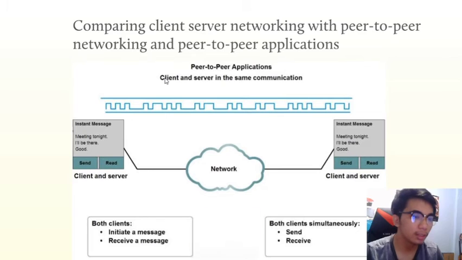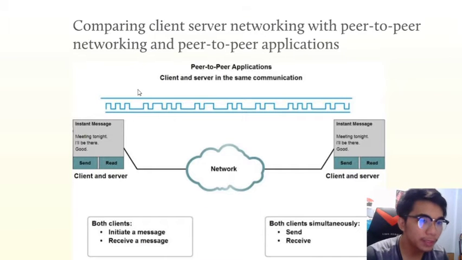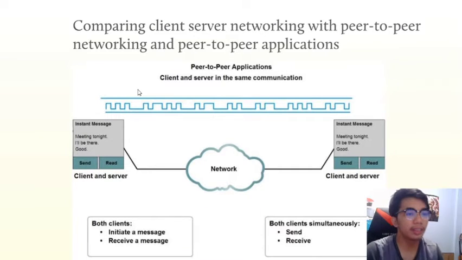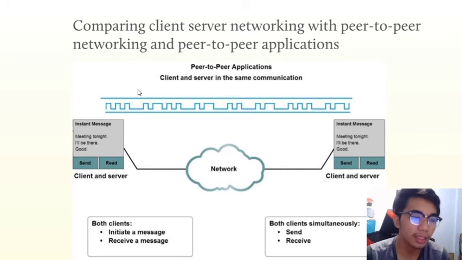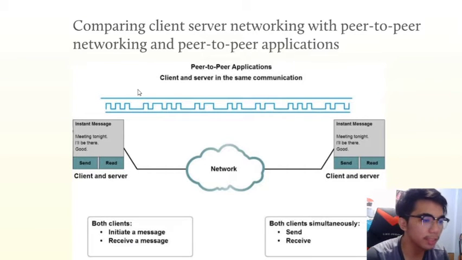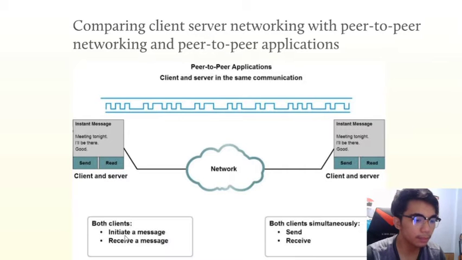After that, comparing client-server networking with peer-to-peer networking and peer-to-peer applications. In peer-to-peer applications, client and server roles are in the same communication. Both clients initiate a message and receive a message, and both clients simultaneously send and receive.